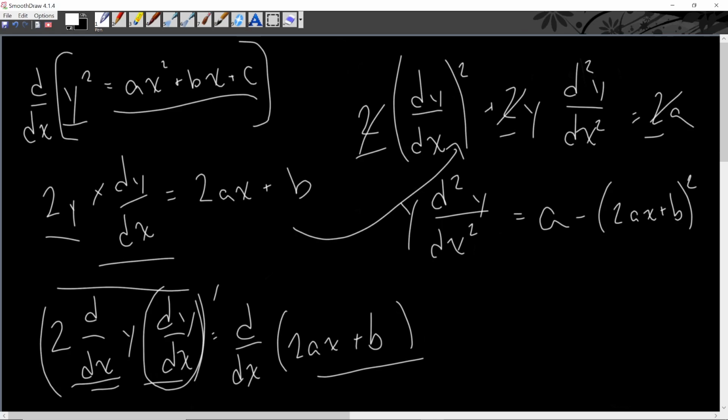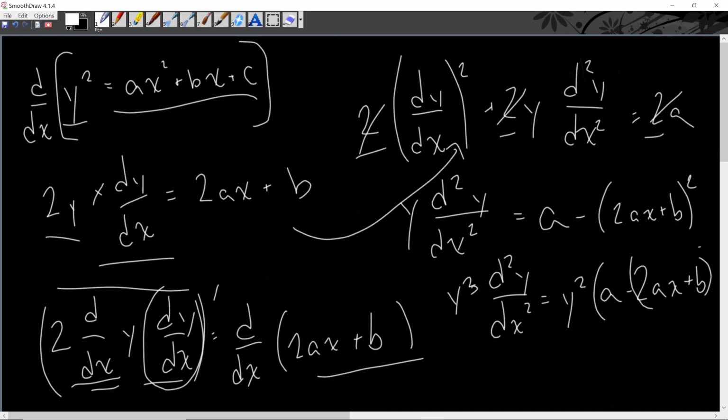And from there, we're going to multiply y squared to both sides. We get y cubed d squared y over dx squared is equal to y squared times a minus 2ax plus b squared.